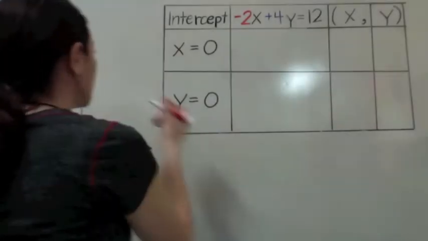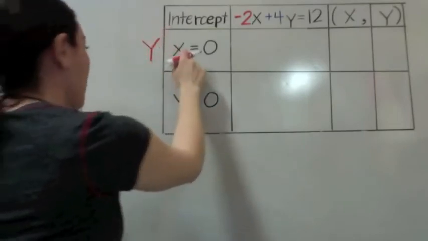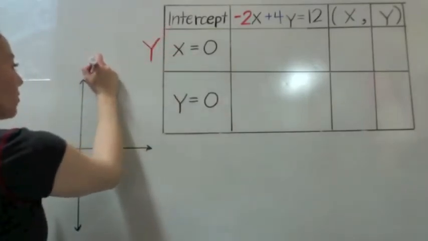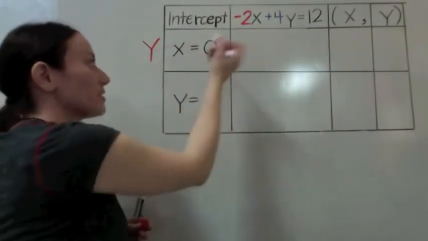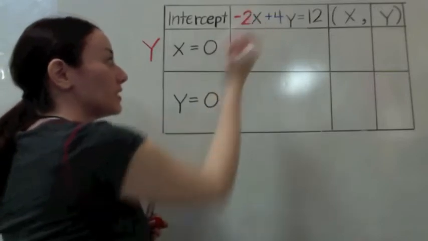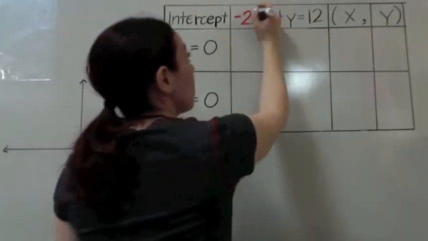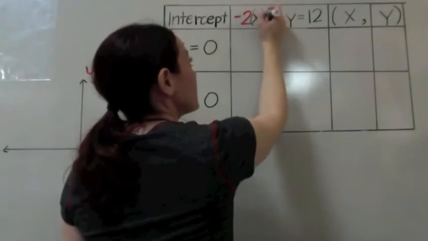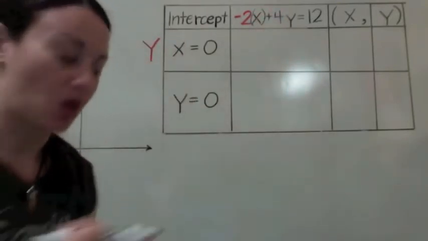So the y-intercept, to be clear, is where x is 0. So we're really finding the y-intercept right here, okay? We do this by substituting 0 in the place of x. So why don't we put parentheses around the x? Parentheses tell you to do what? They tell you to multiply, all right?